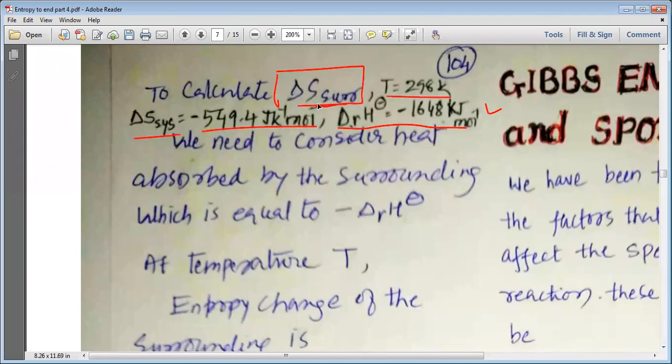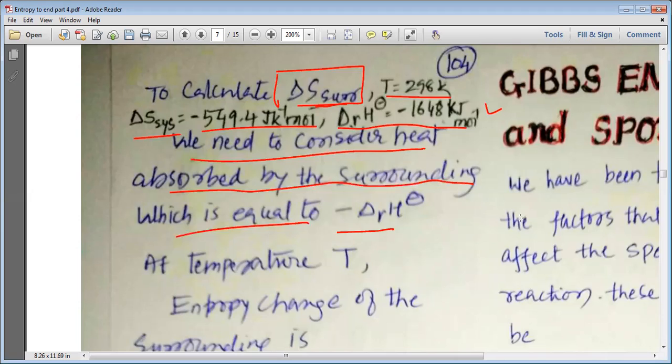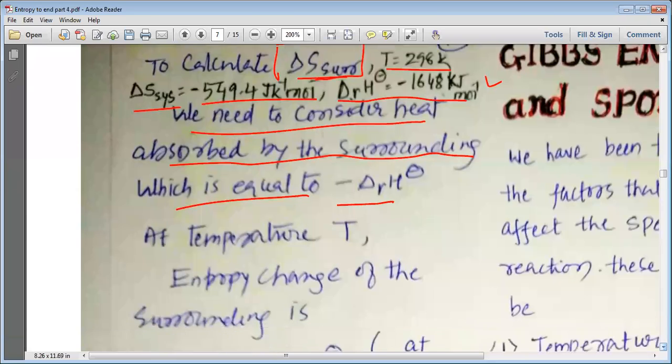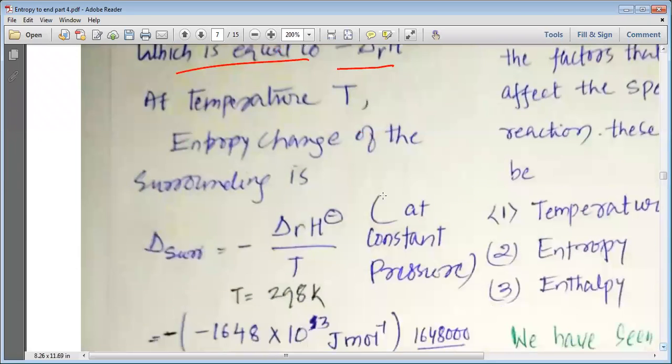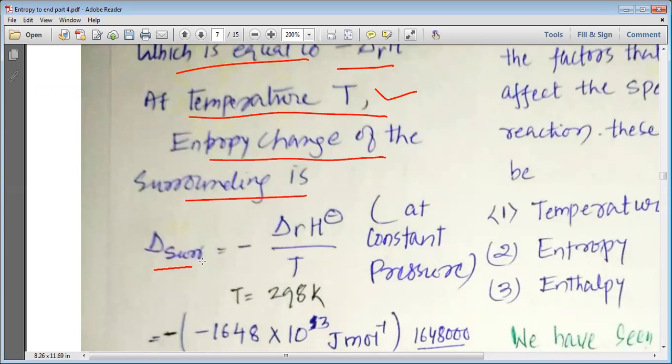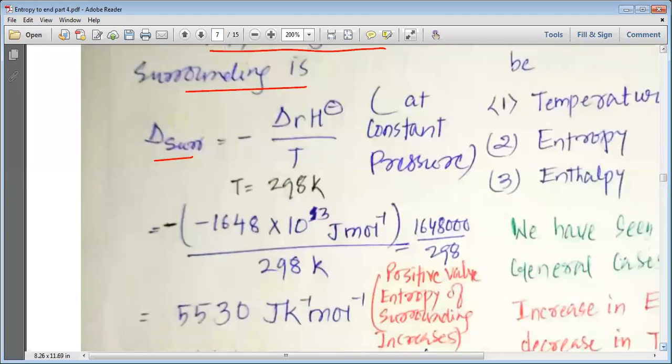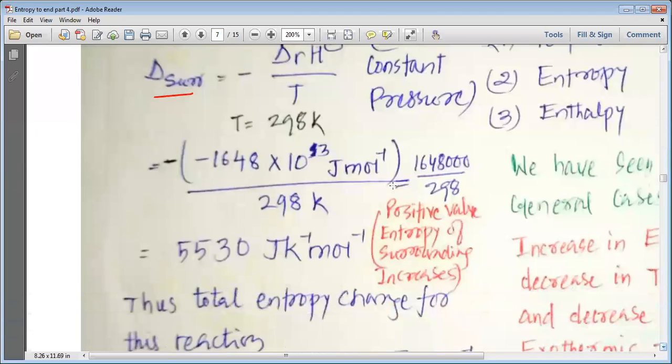To calculate delta S surrounding, we need to consider heat absorbed by the surrounding, which is equal to minus delta rH. So this delta rH we will have to convert into the negative form. We consider at temperature T, here T is already given. So entropy change for the surrounding is delta S surrounding equals minus delta rH divided by T, and T is 298 Kelvin.